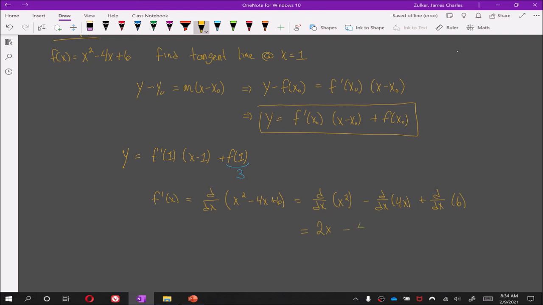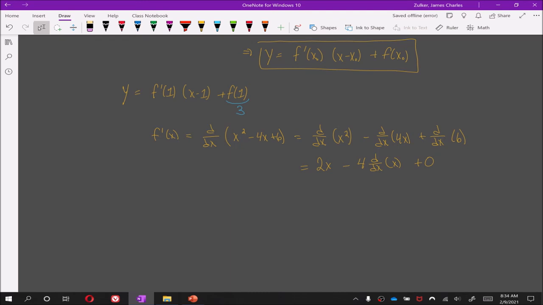We have a constant multiple, so this is 4 times d dx of x. And then the constant rule says that d dx of 6 is 0. So d dx of x is just 1. So we're left with 2x minus 4. This means that f prime of 1 is negative 2.